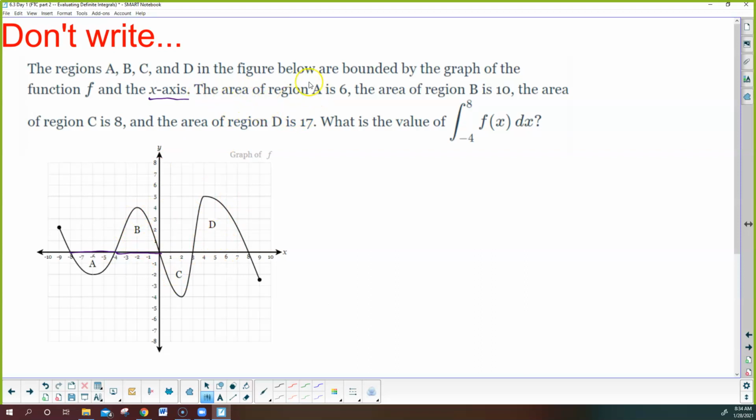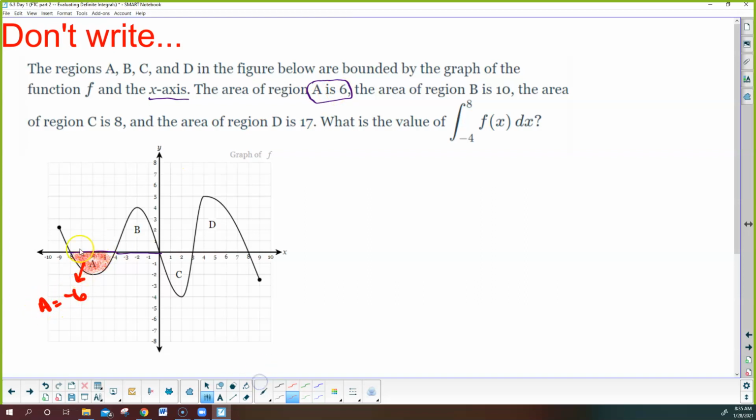And then they tell us we know the area. Now, when they tell me the area, that's just the amount of space that is taken up. Like region A here is 6, but if you notice, if I did the difference of the x's, the height is actually below the x-axis, so that is going to end up being an area of -6.